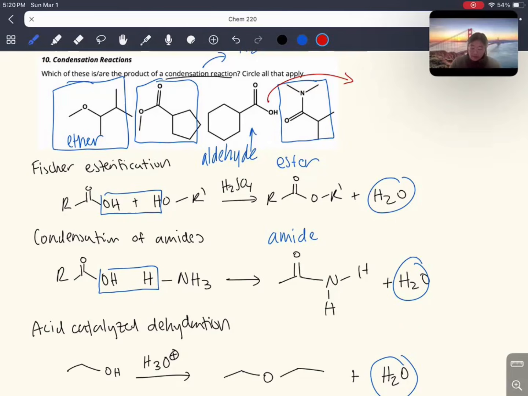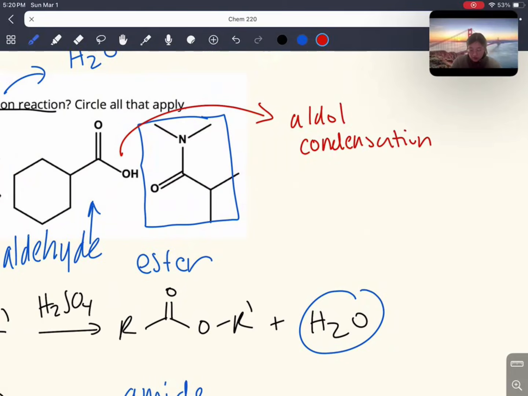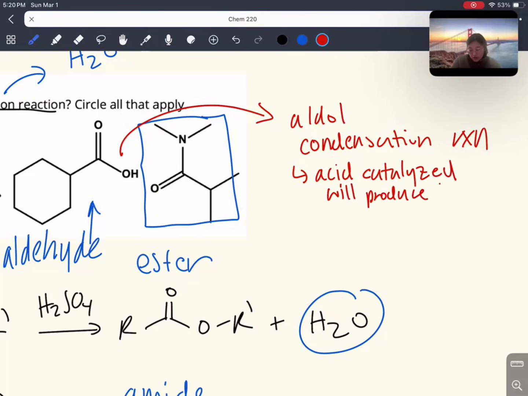I don't believe you covered this reaction in lecture, but it's called an aldol condensation reaction. And the acid catalyzed version will produce H2O as a byproduct.